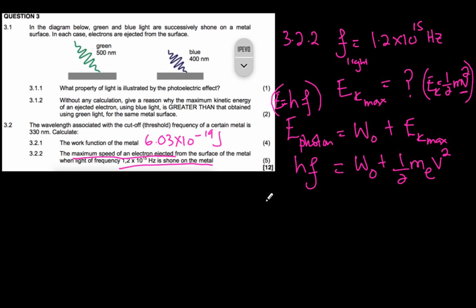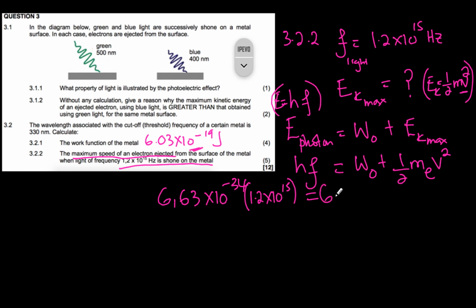Then we simply substitute our values in here. Planck's constant is 6.63 times 10 to the power of -34, times the frequency, which is 1.2 times 10 to the power of 15. This is equal to the work function. Remember, we calculated the work function here.